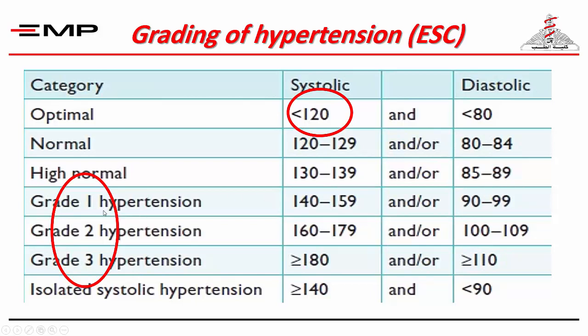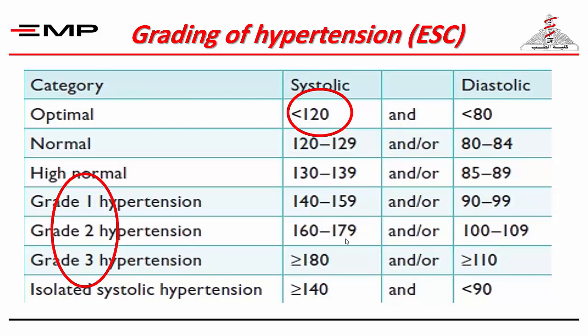Then starting with the abnormality, grade 1 hypertension is from 140 to 159 mmHg and diastolic 90 to 99 mmHg. Grade 2 hypertension is from 160 to 179 mmHg and diastolic from 100 to 109 mmHg.